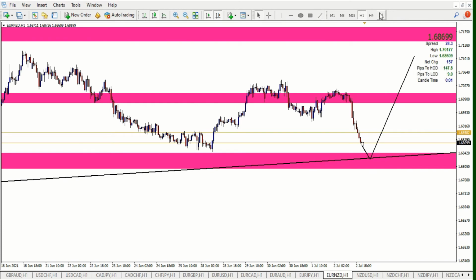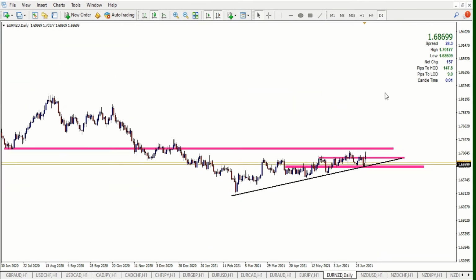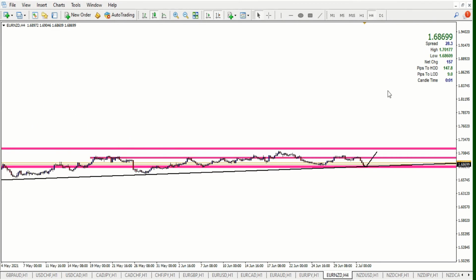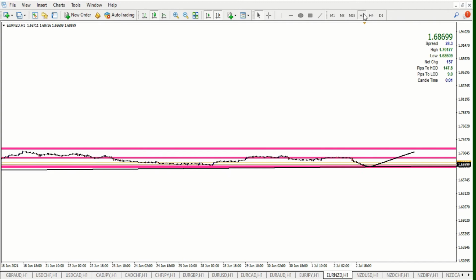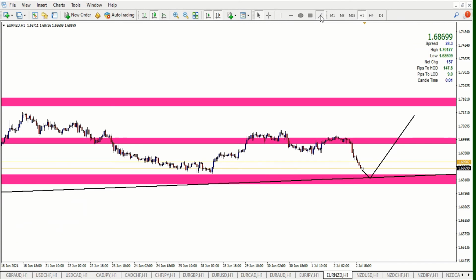However, what we could also look to see is if the market breaks through this key support resistance zone, then we could potentially be looking at a bearish movement, because the upward channel will now be completely broken. There will be a break of structure, and all we will need to wait for is for the market to come and retest this new resistance and continue its way back down.